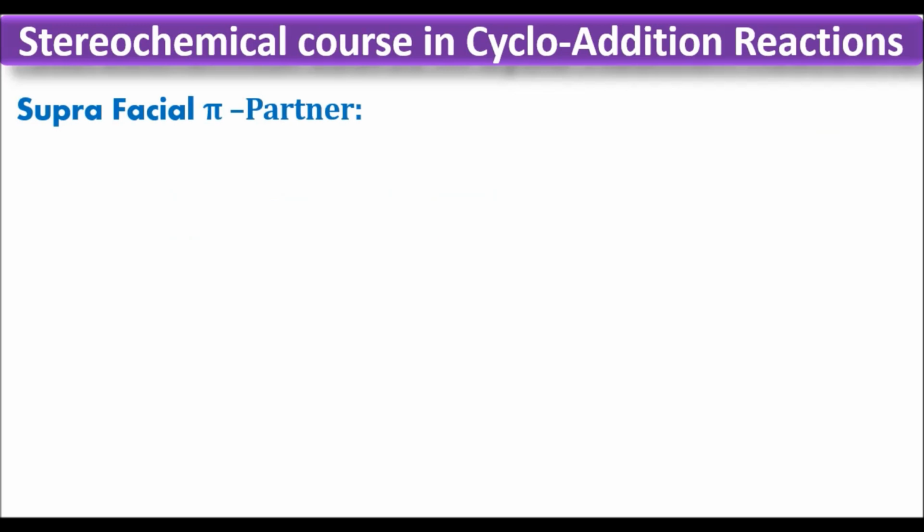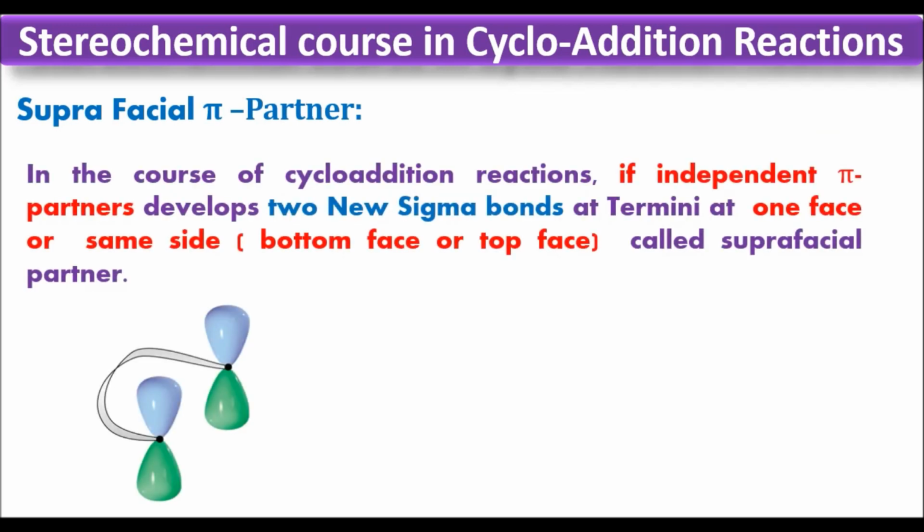The suprafacial pi partner means, here this is the pi partner, and it has lobes at the ends of the unsaturation. If same-side lobes are involved in sigma bond formation, that is suprafacial. Here the green lobes are present at the bottom side and the blue lobes at the top side.